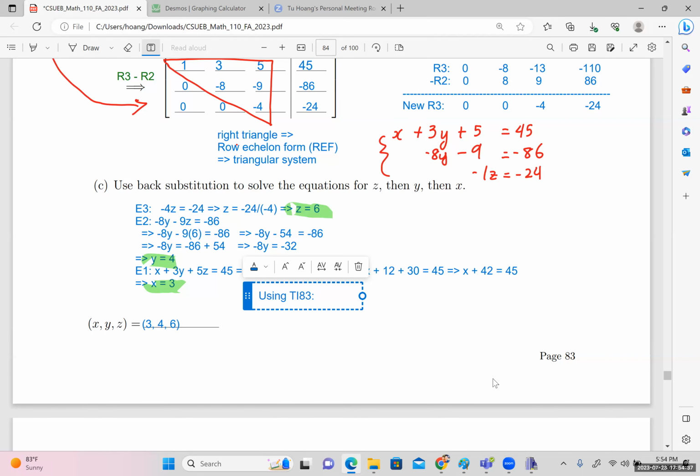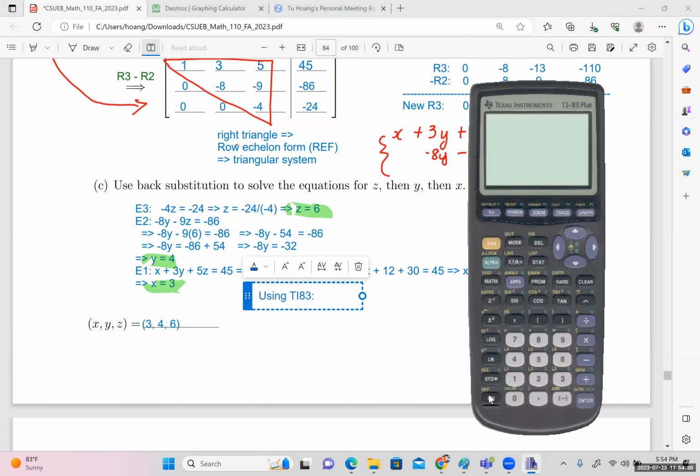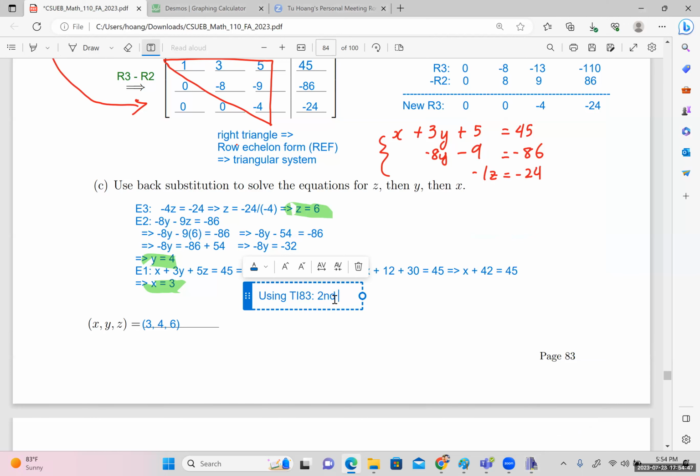We may have to go to the calculator and go to second matrix, right? So put out second and first matrix, and then voila.